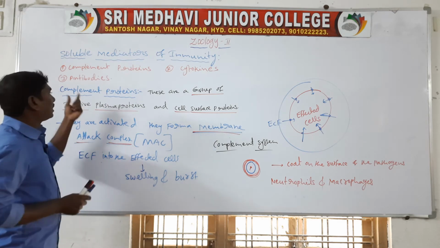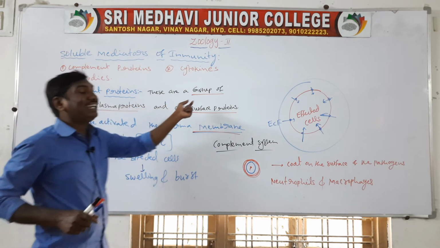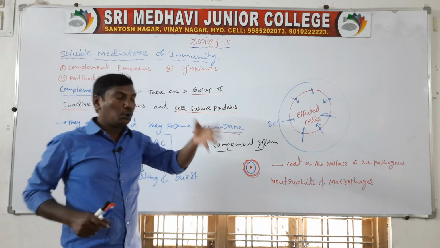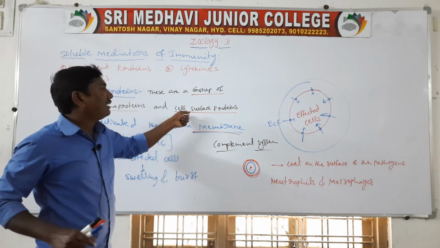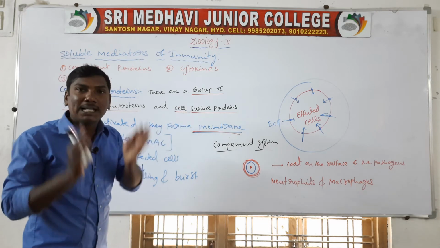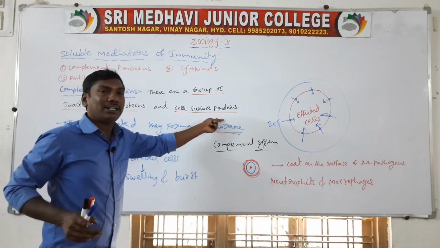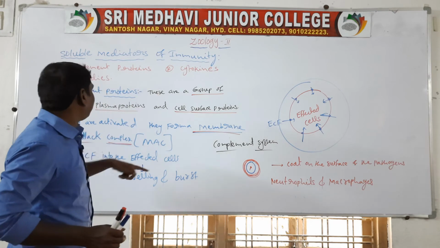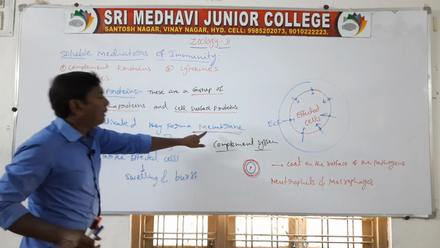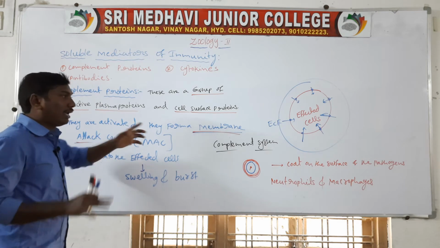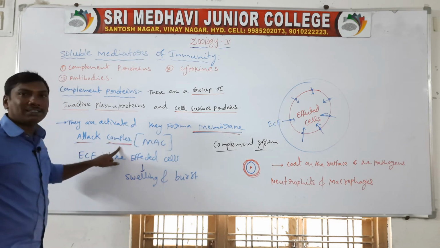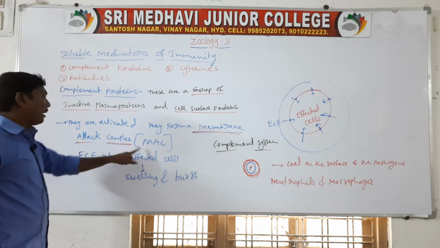To revise, complement proteins are a group of inactive plasma proteins and cell surface proteins. When activated, they convert to the membrane attack complex, MAC.